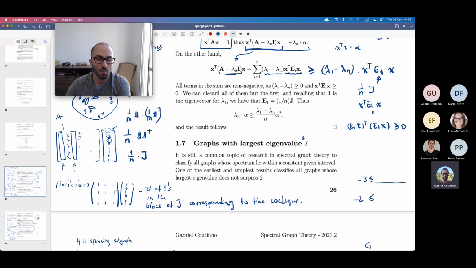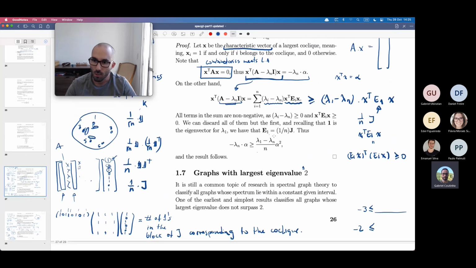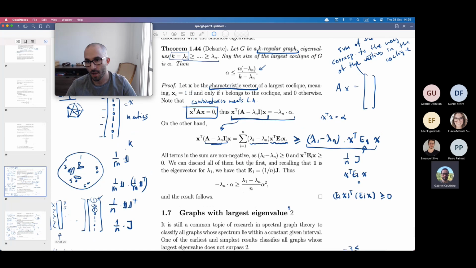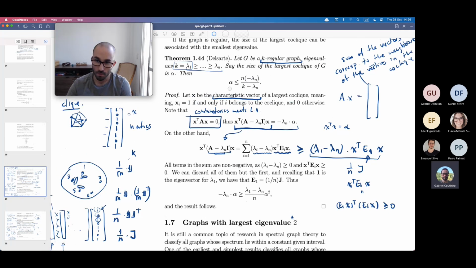And the number of ones in this block is the size of the co-clique squared, because the number of rows and the number of columns are equal to the number of vertices in the co-clique. And that's what I get. This thing here is equal to this. And now you simply rearrange things and you get exactly the upper bound we wanted.